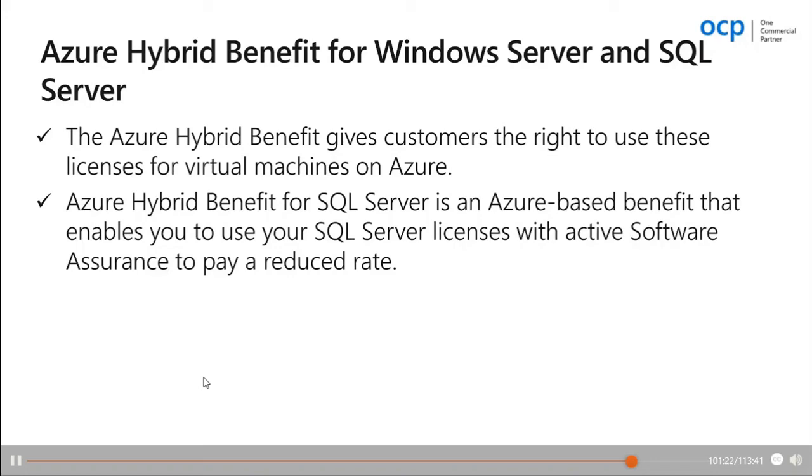When you're migrating workloads from on-prem to Azure, if you don't need the licenses on-prem anymore, you can just move those licenses to use in Azure. This benefit allows you to do exactly that in terms of licensing.